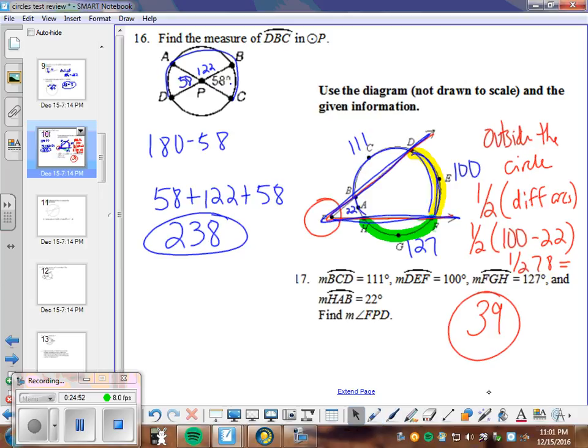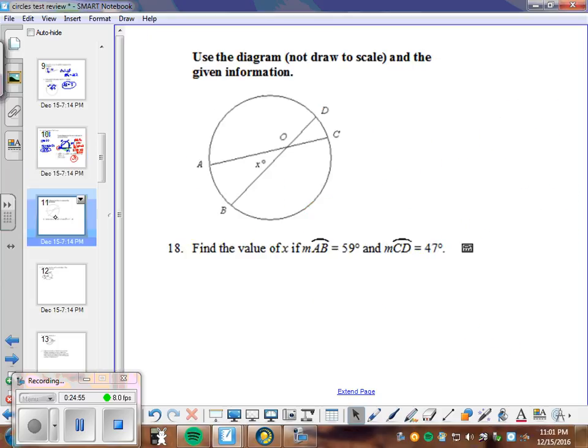Number 18. Find the value of x if the measure of the arc AB is 59. So this is 59, and this one is 47. These intersect inside the circle, so we're going to do half of the sum of the arcs.